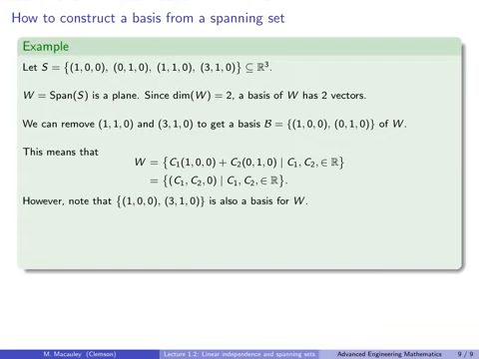This is not the only basis of the xy plane that we could have chosen from here. We could have instead removed, say, these two and gotten a basis. You can't always remove any subset of size 2, but in this case, it turns out we can. If we had done that, then the xy plane is the set of all vectors of the following form: C1 times (1, 0, 0) plus C2 times (3, 1, 0).